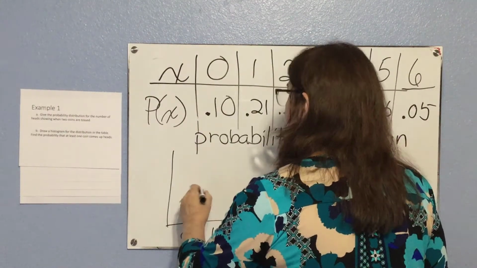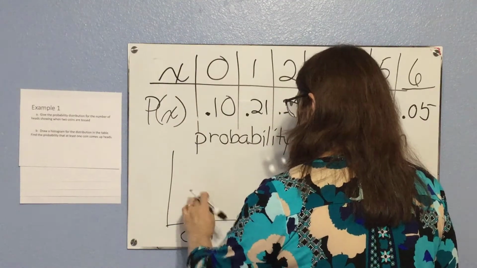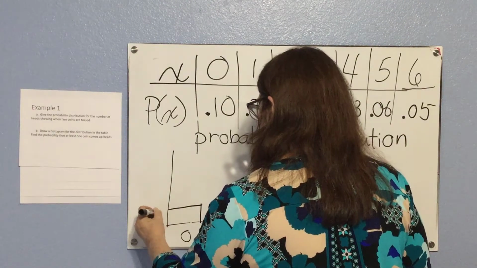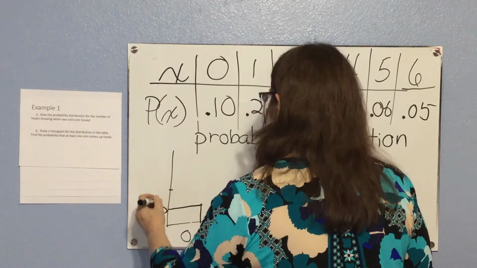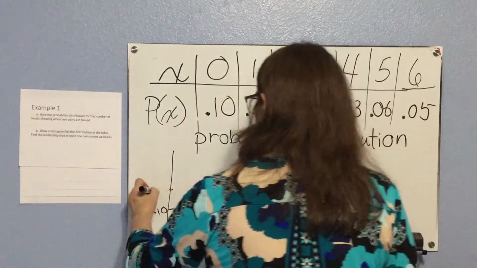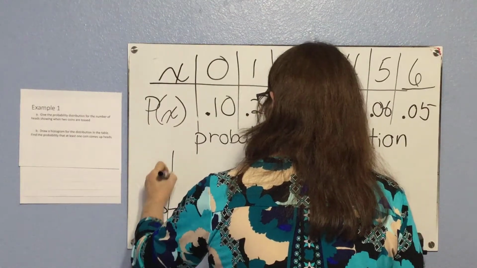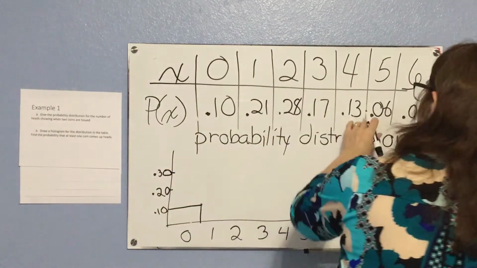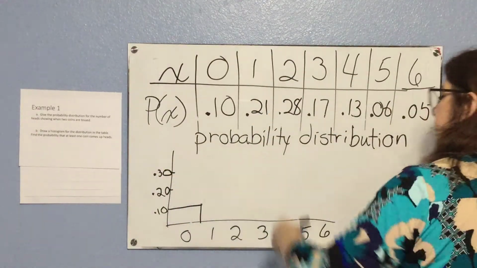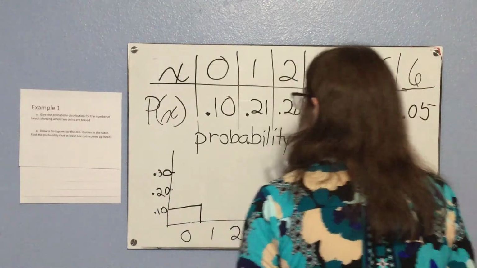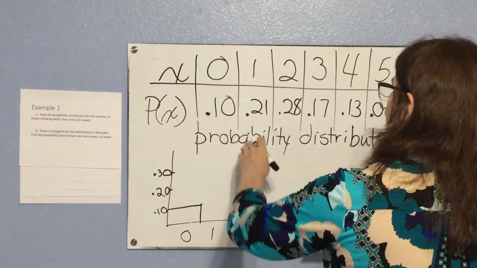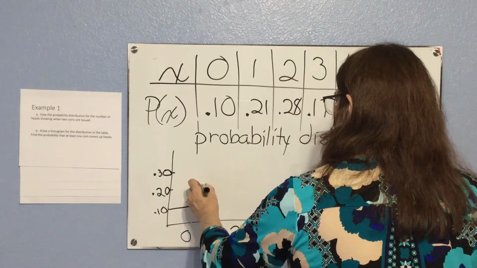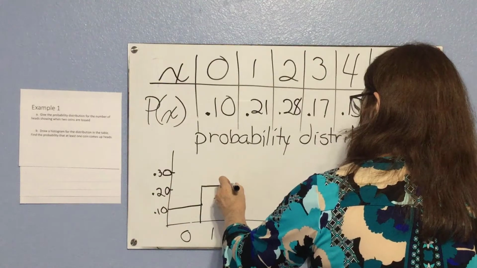So my first bar might be here, 0.10, pretty short little bar. We don't have any probabilities higher than 0.30, so this is enough. And then my bar for number 1, notice there's no space. This goes just above the 0.2.